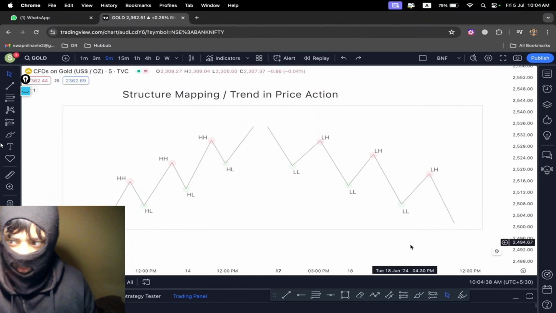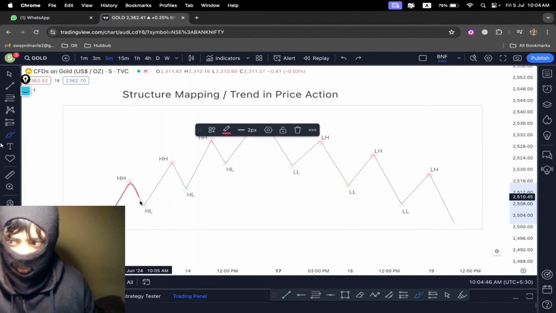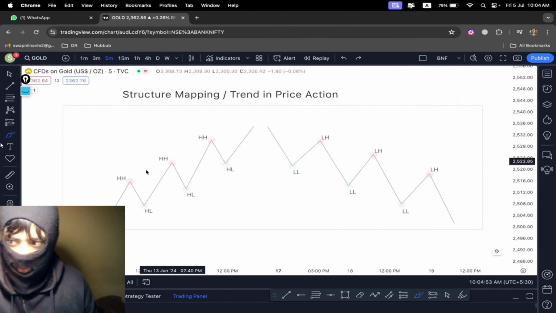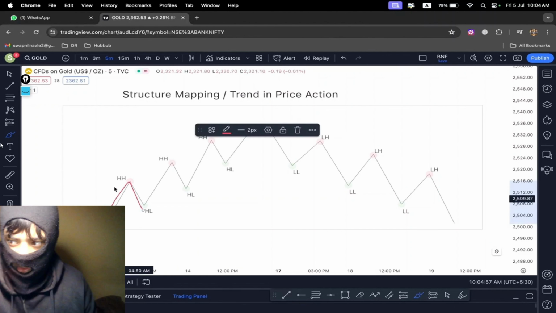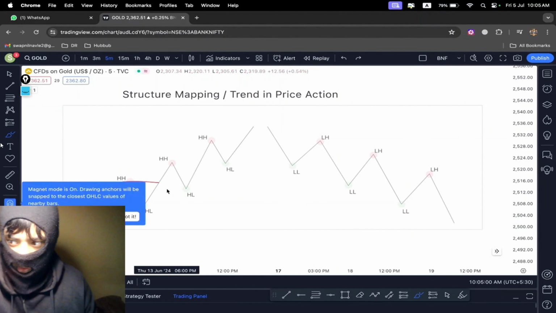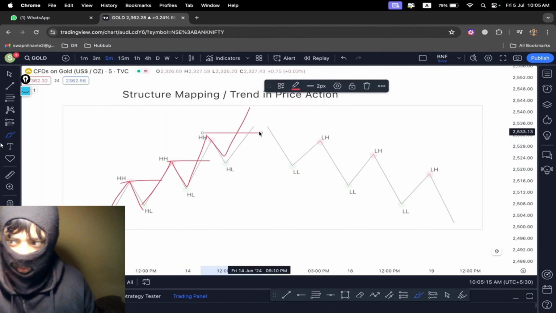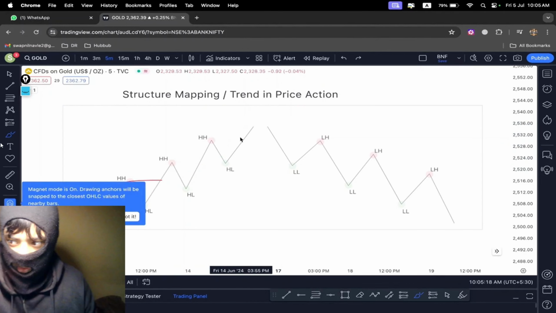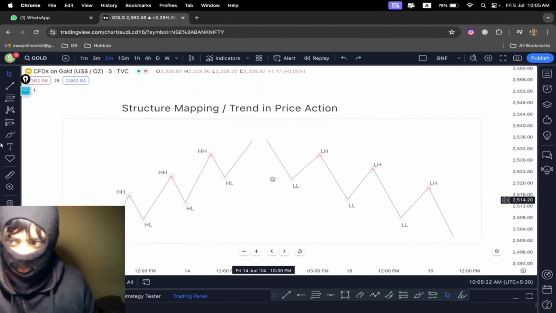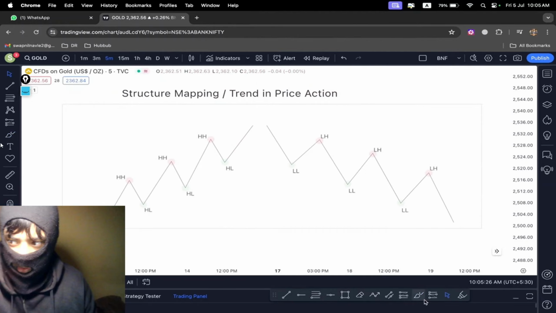A price action trader doesn't see the market as just up and down, he sees higher highs and higher lows. If the market breaks its previous high, then it's a higher high. That is known as a price action uptrend. If it breaks its high and breaks again its high.